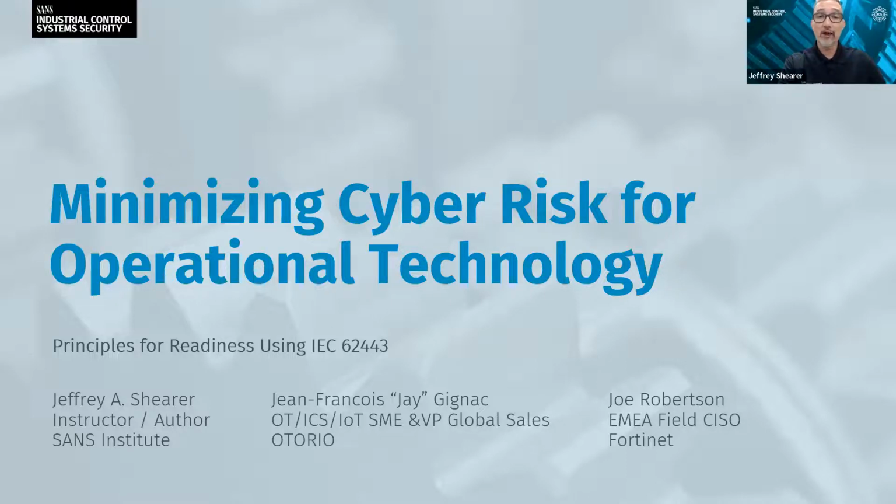Today's topic, minimizing cyber risk for operational technology, or OT, we'll look at the principles of readiness using the IEC 62443 standard. Specifically, I wanted to share with you how I used that standard when I was in Rockwell Automation, both with the product development teams and with my clients who were putting systems together to understand IEC 62443. We're also blessed to have a panel of guests to discuss their experiences with IEC 62443 as well.